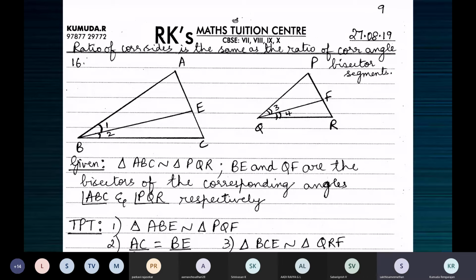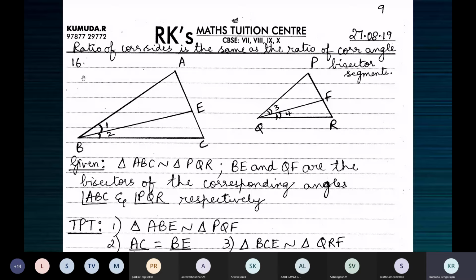No, ma'am. And is QF perpendicular to PR? No, ma'am. So E is not the midpoint, F is not the midpoint, and also BE is not perpendicular to AC, QF is not perpendicular to PR.